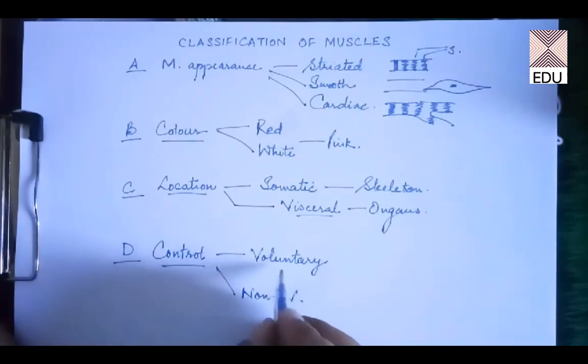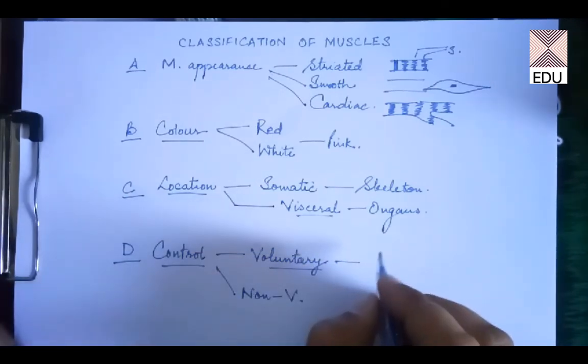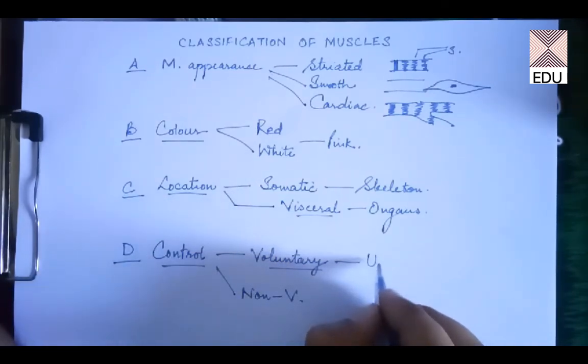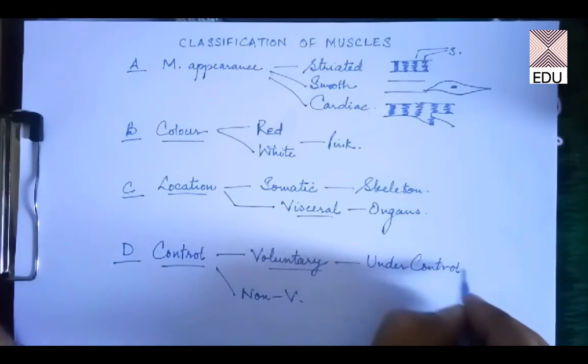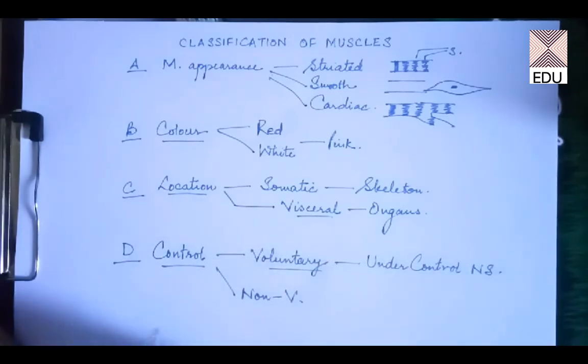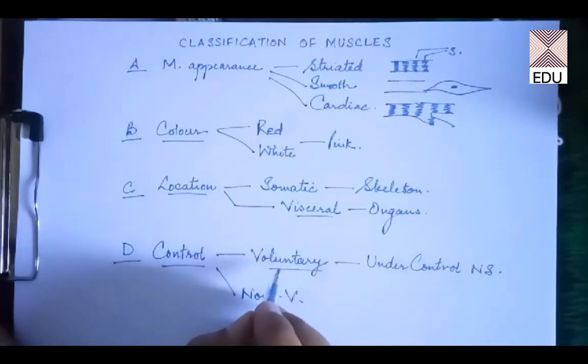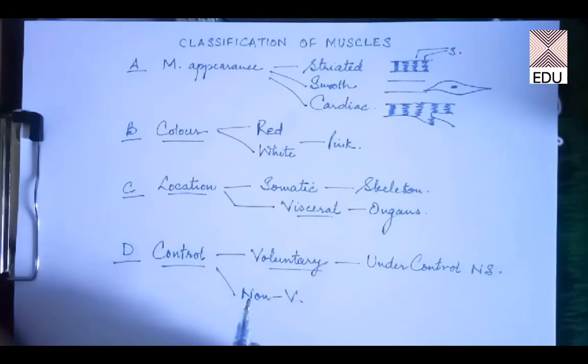The voluntary muscles are under the control of the nervous system. You can control these muscles, just like your skeletal muscles, your arm muscles, your leg muscles. Whenever you try to pick up something, you can pick it up with your arm. So this will be the voluntary muscle.